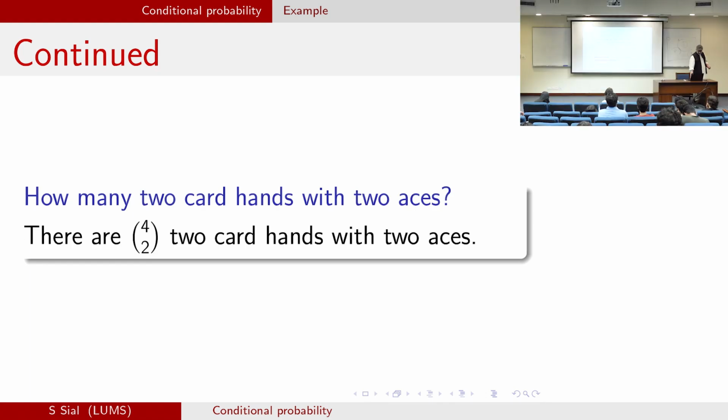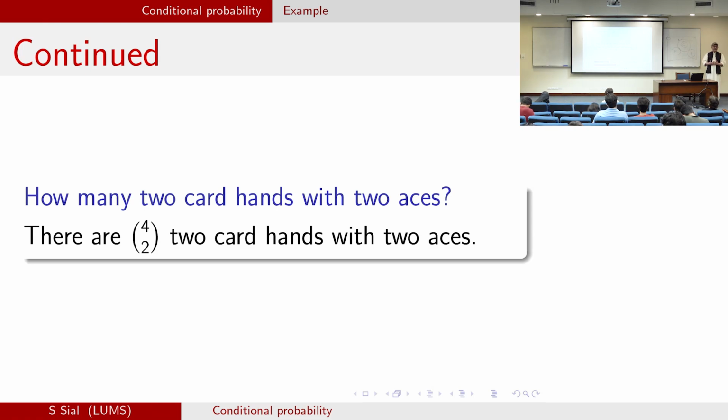That's the number of 2 card hands. How many 2 card hands are there with 2 aces? Well, there are 4 aces, and you have to choose 2 of them. So there are 4 choose 2 2 card hands with 2 aces.